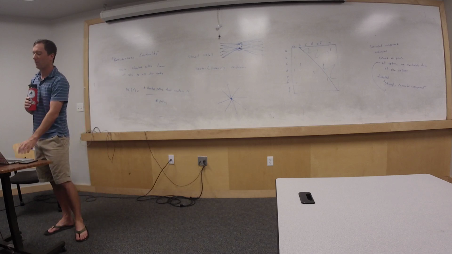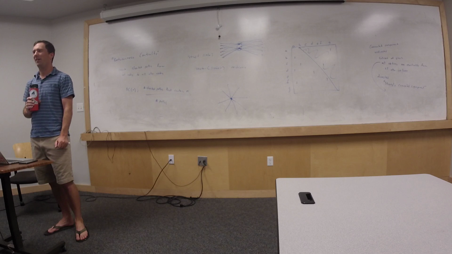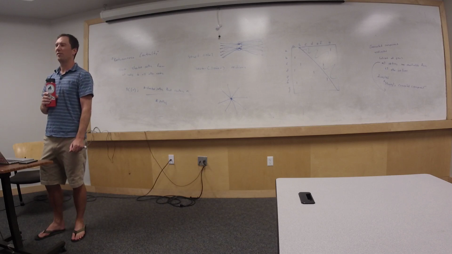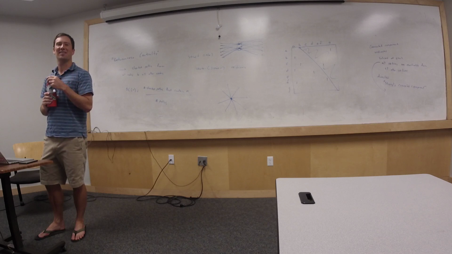The next one is also pretty weird, but you all use it every day, and the world is a much better place for it existing. And this is called the PageRank. So who's heard of PageRank before? Do you know what it is? I know that Google uses it.